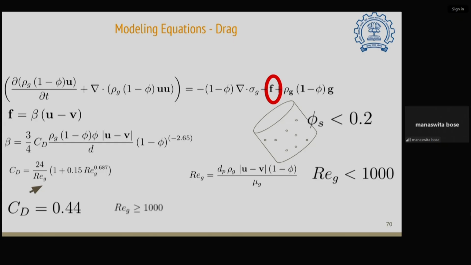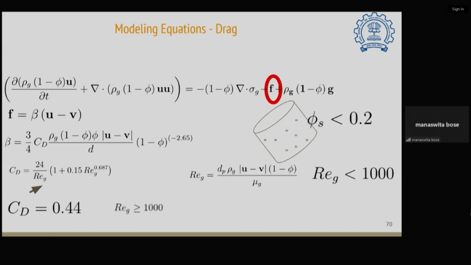This is the single particle drag coefficient. Now, suppose we want to correct it for inertia, you see this CD given here: 24 by Re into an inertial correction. This is for a single particle where the streamlines haven't bent due to the presence of other particles in the neighborhood, in the vicinity. Now, if there are particles which bend the streamlines, then there has to be a volume fraction correction.